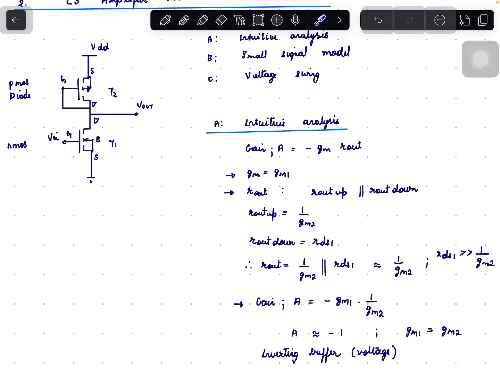The gain of any circuit is given by gain equals minus GM times R out. Here GM will be equal to GM1, that is where the input voltage is supplied to, and R out, which we will be looking at, is given by R out seen up parallel to R out seen down.